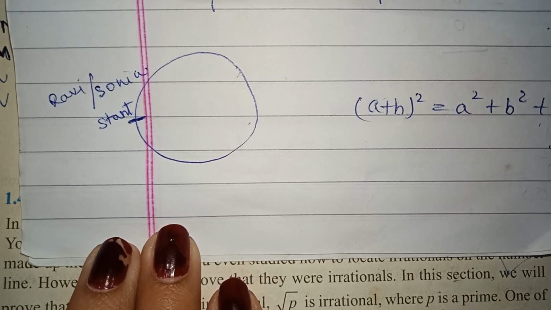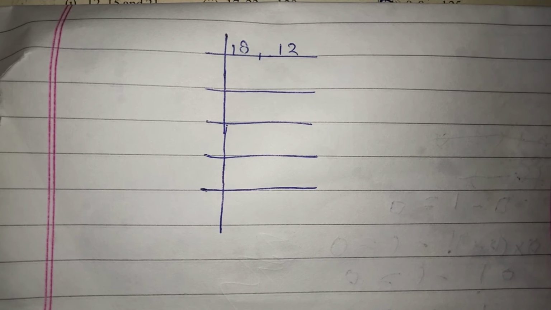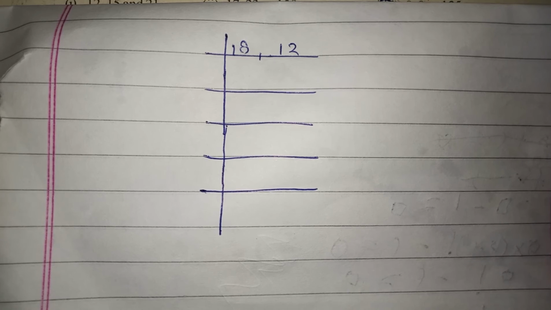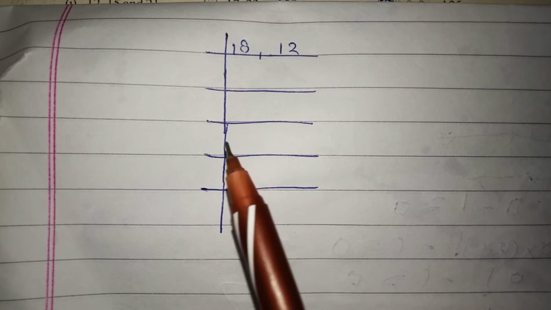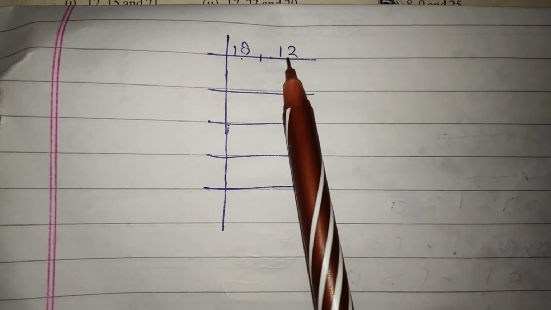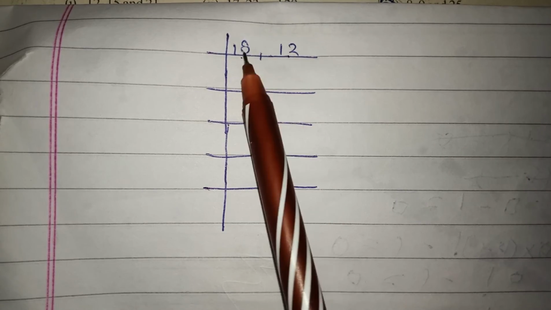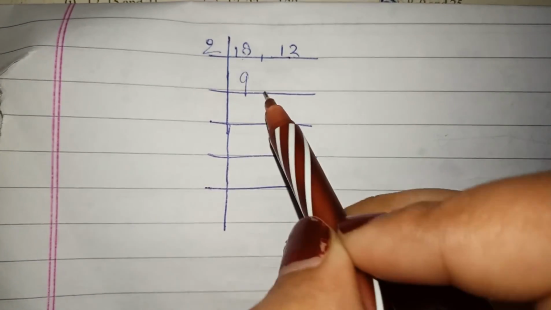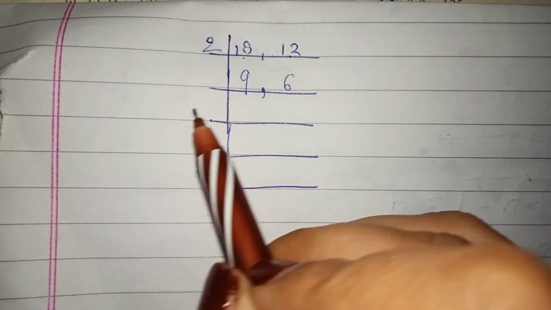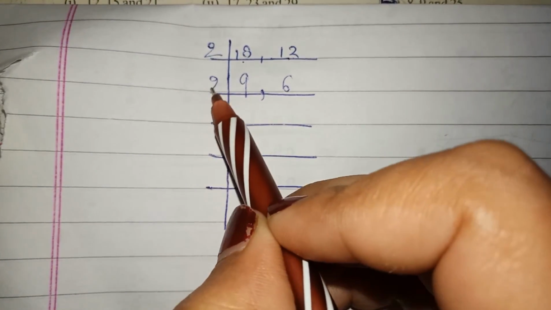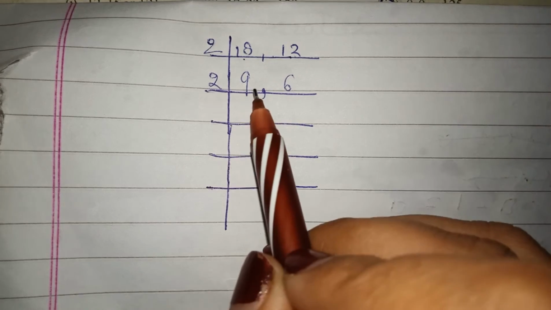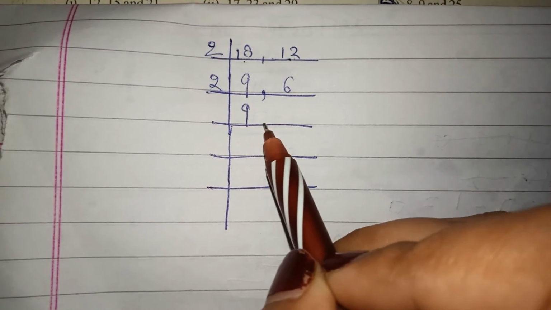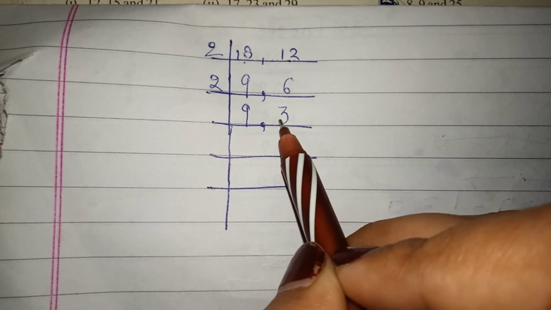For this type of question you have to simply find the LCM of these two numbers and you will get your answer. The first one was taking 18 minutes and the second one was taking 12 minutes. So we will just find the LCM of these two numbers. As these two are divisible by 2, I will take 2 here. Now these two numbers, again 6 is divisible by 2 but 9 is not divisible by 2, so I will copy this number as it is and here it will come 3.